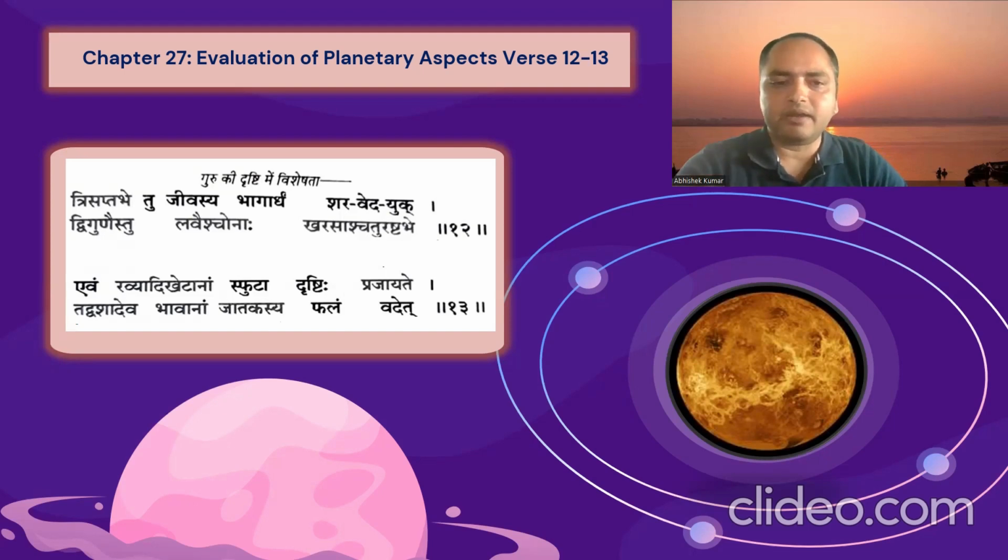In this manner, Maitreya, you find the aspectual value of the sun and other planets, and according to that value you think about the intensity of the planetary aspects, and then only do the Phaladesh. Don't jump here and there. You follow this process.